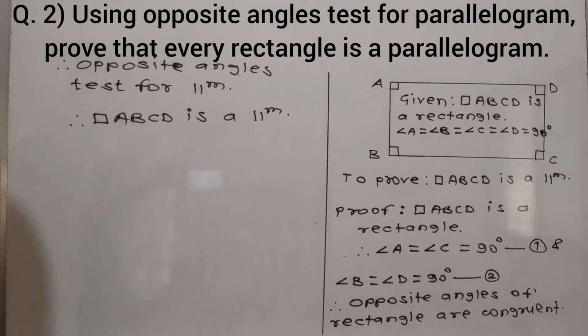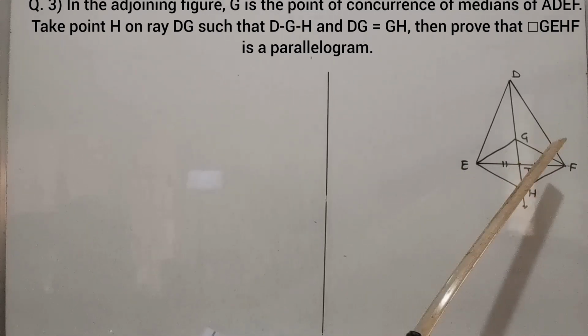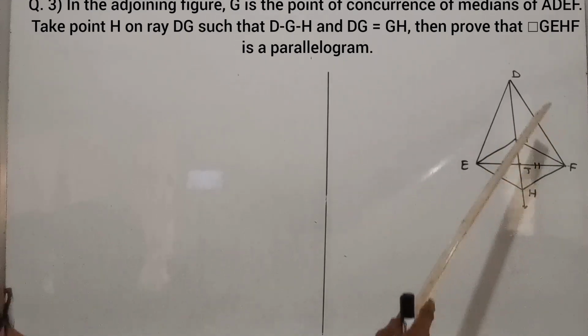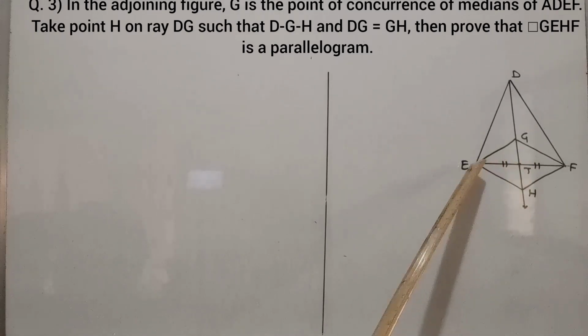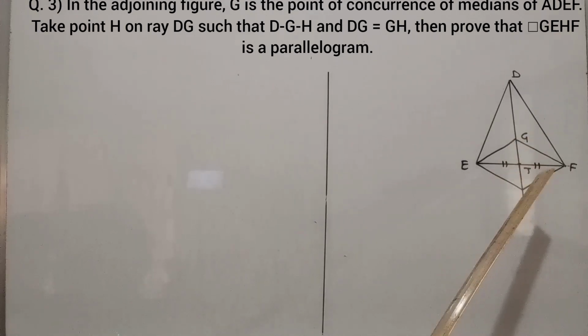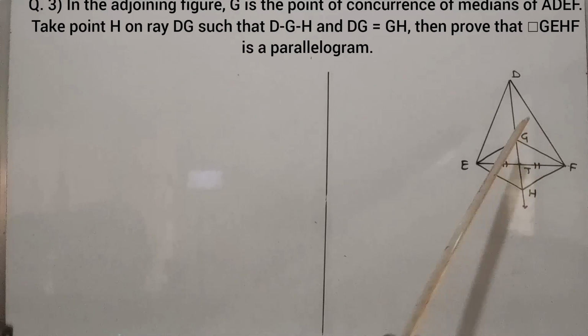Write this. Practice set 5.2, question number 3. In figure 5.23, G is the point of concurrence of medians. Here, DT is the median, and this is also a median, but this is up to G. Okay, then this FG.